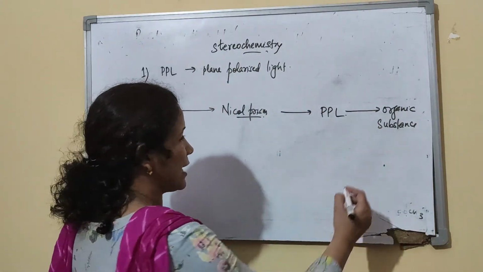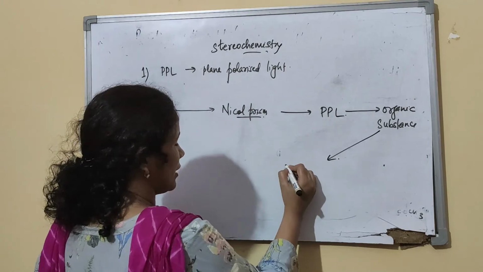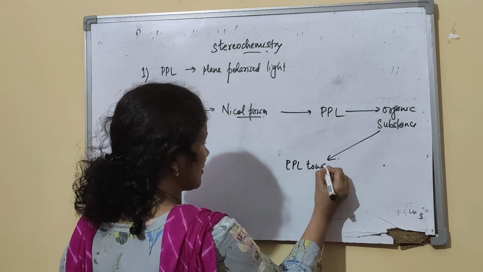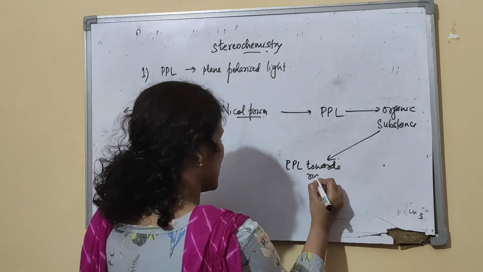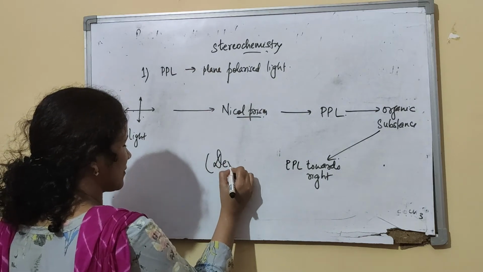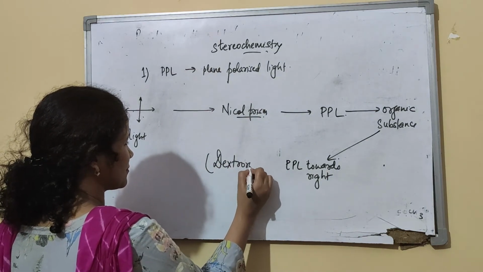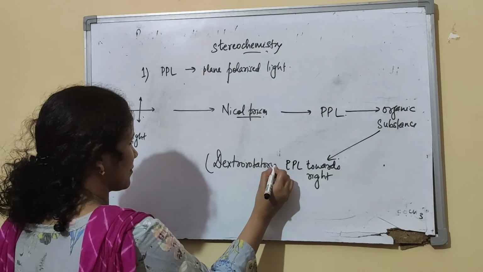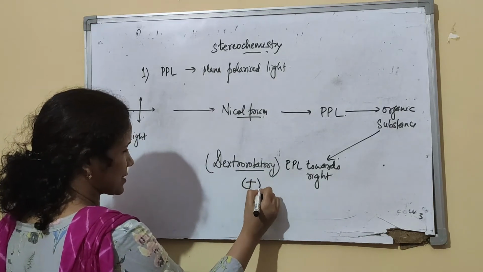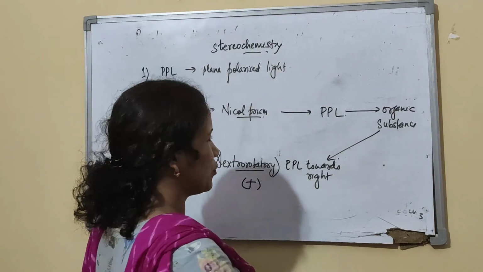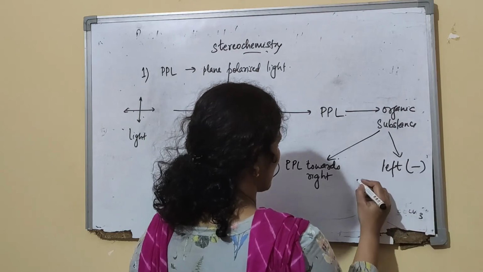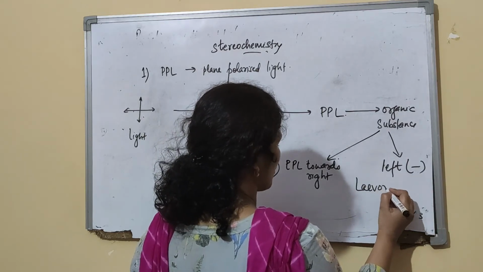This organic substance will either move PPL towards the right, in which case we call it dextrorotatory, also shown by plus. If the PPL moves towards the left, we call it minus, levorotatory.